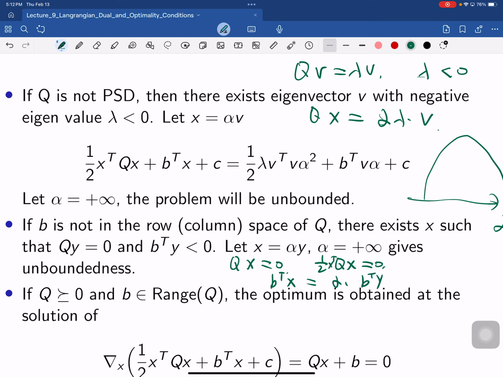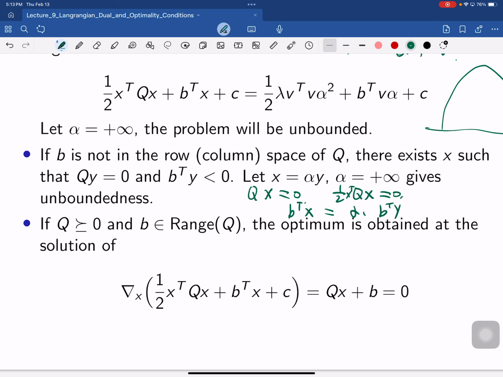You can try to digest that after the class. Now we are left with the third case, where Q is positive semi-definite and b is in the range space of Q. When Q is positive semi-definite, we know that the optimal solution is obtained at gradient equals 0.